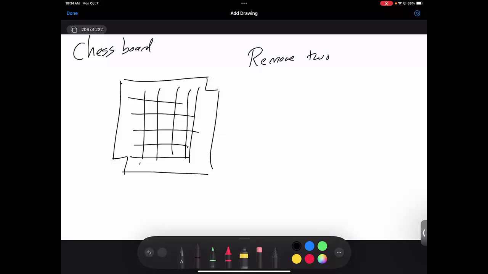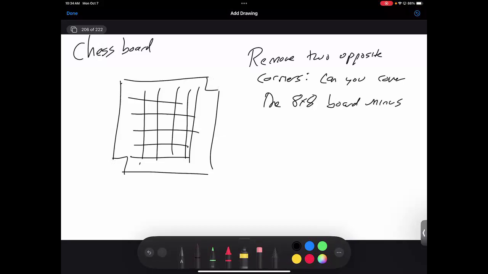Remove 2 opposite corners. Can you cover the 8 by 8 board minus those with 1 by 2 tiles? No. Why not? Because they're both on like light and dark squares. Good, they're both on the same color squares.